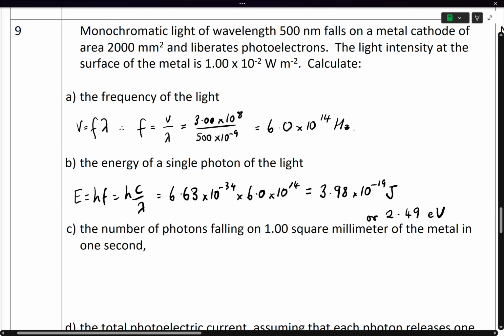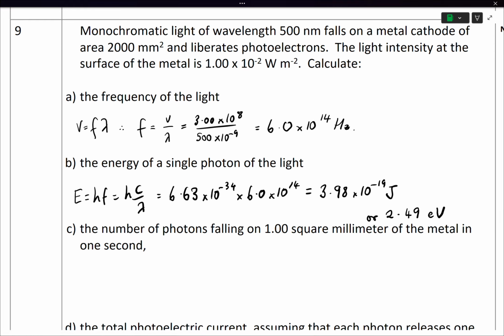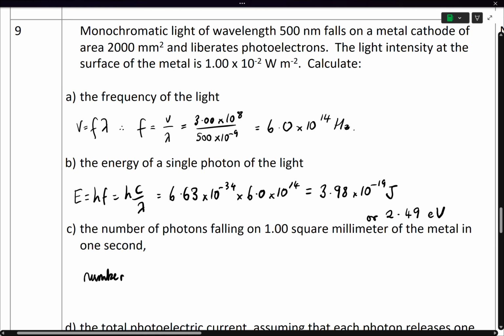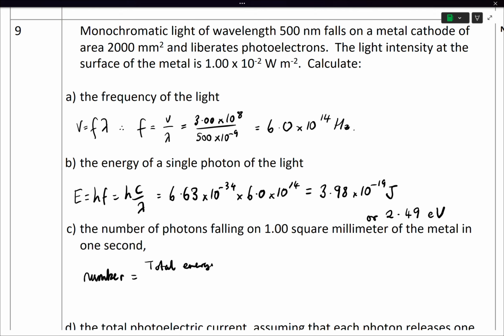The number of photons falling on 1 square millimeter of the metal in 1 second. So we might say that the number of photons is equal to the total energy divided by the energy of 1 photon.